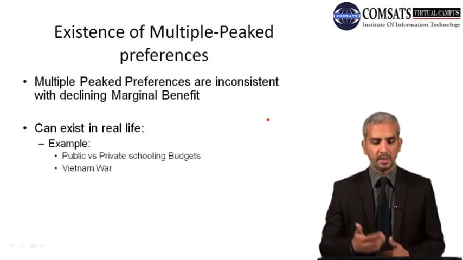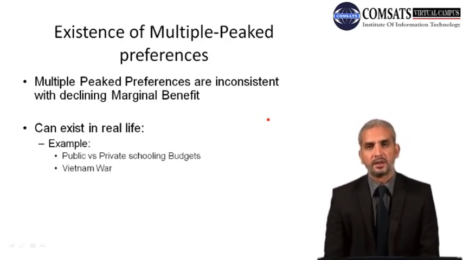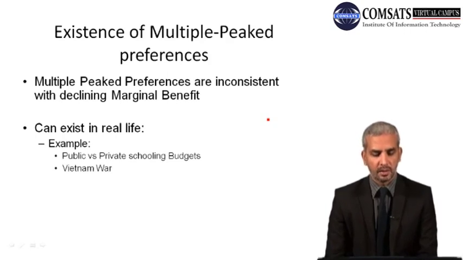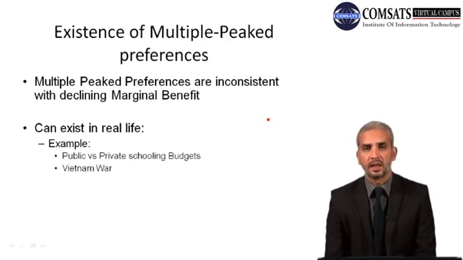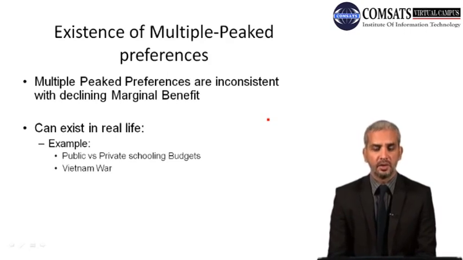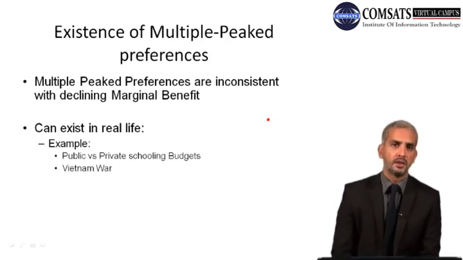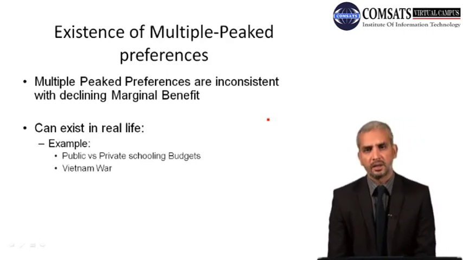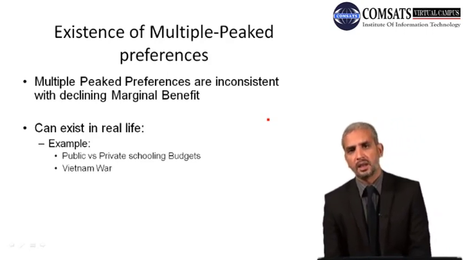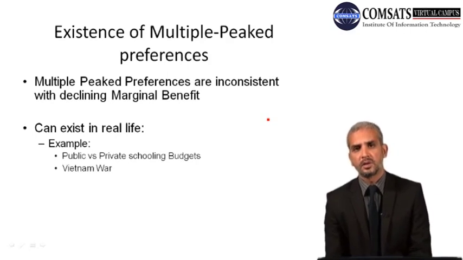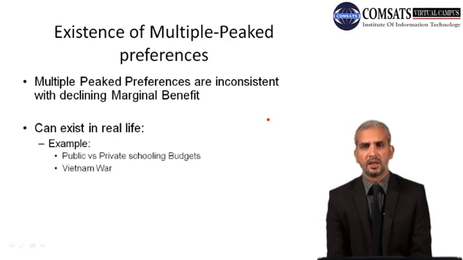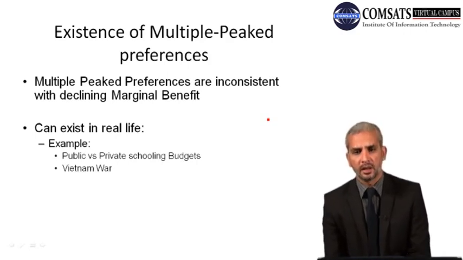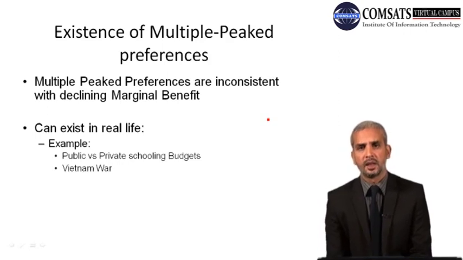This is multiple peak preferences in terms of public and private schooling, in a real life scenario. The individual is opting for two extremes. On one hand, he is opting for a low budget for public schools because he thinks he is not being affected by it. On the other hand, when there is moderate taxation, he is considering sending his children to public schools because he cannot afford private school expenses, so he is opting for a high level of budget allocated to public schools.